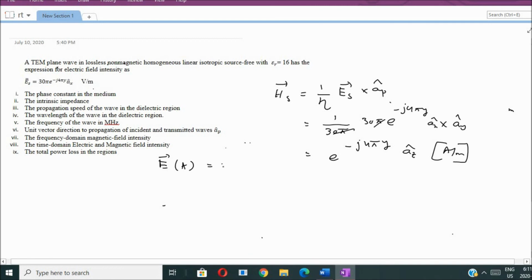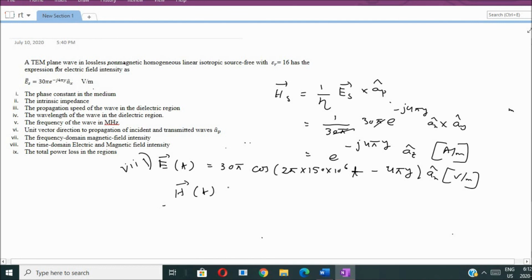Here the magnitude is 35 and we write cosine of omega t, where omega is 2 pi f, with f equal to 150 times 10 to the power 6, minus 4 pi y, in the ax direction, volt per meter. This is the answer for part 8.